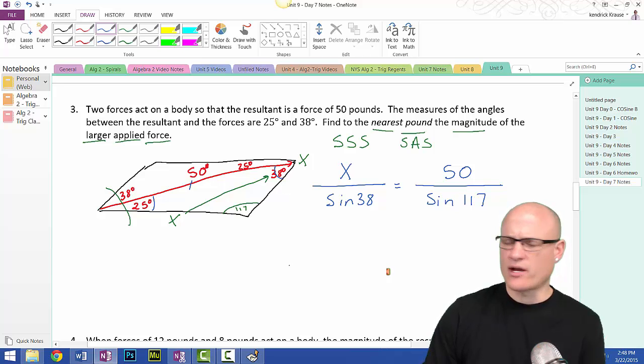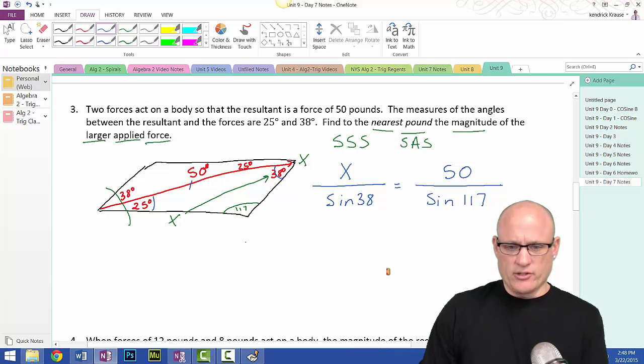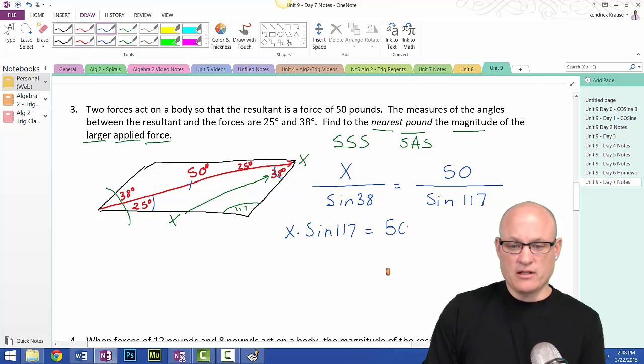The fact of the matter is I only have one side, and you're not going to do the law of cosines with just one side. So let's see what we got here. Let's cross multiply. We'll get x times the sine of 117 is equal to 50 times the sine of 38. I need to get x by itself, so I'll divide by sine of 117.